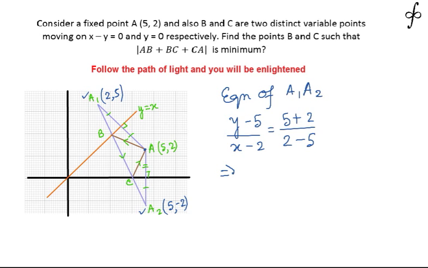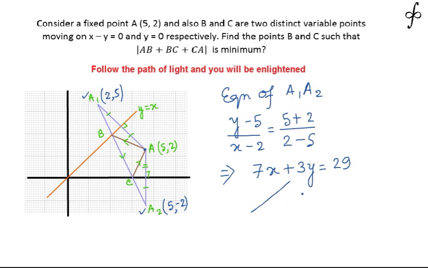On simplification the equation will come out to be 7x plus 3y equal to 29. So this is going to be the equation of the line A1A2.